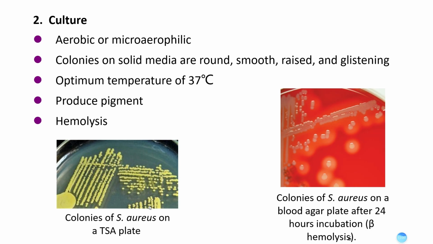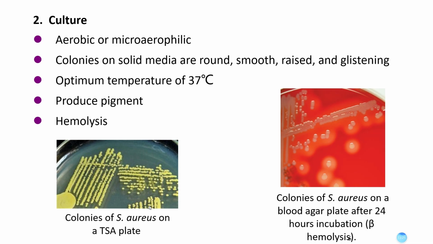So this is beta hemolysis. Just make sure that you don't misunderstand this picture. This yellow-like color is not the pigment production. It's just the beta hemolysis, okay? The pigment will stick to the cell, to the colony.